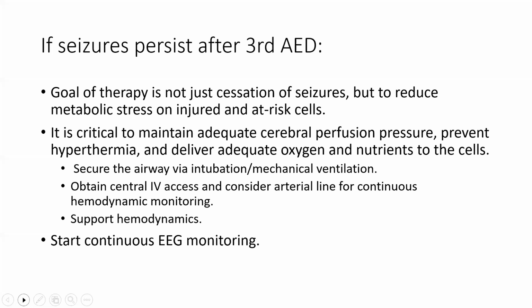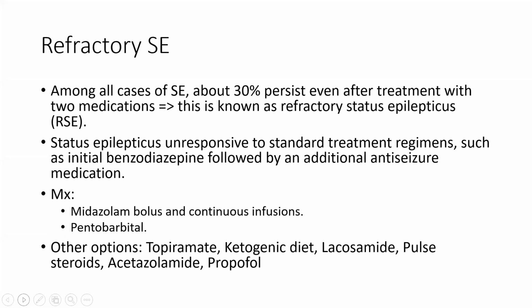So we talked about refractory status epilepticus, and we know that amongst all the cases with status epilepticus, maybe 1 out of 3 persist even after treatment. Refractory status epilepticus is that which is unresponsive to standard treatment regimens, meaning the initial benzodiazepine and 1 anti-seizure medication. So how do you manage refractory status epilepticus?